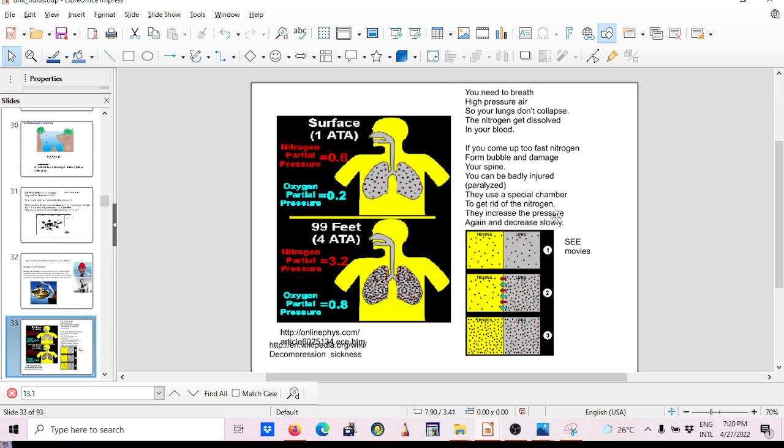Okay, but there is a price to pay, because between lungs and tissue, air can go into your tissue and the air from the tissue can go back into your lungs. So as you increase the pressure that you are breathing from the tank, because you are diving, you're going to have more pressure inside your lungs. So the nitrogen in the air is going to go to your tissue. That's totally normal.